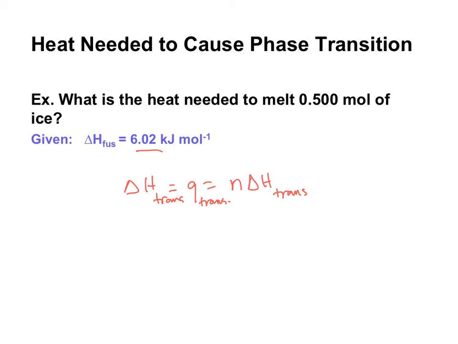So in our case, we have Q is equal to half a mole times the heat of the transition, which is 6.02 kilojoules per mole. So it's just half of that.